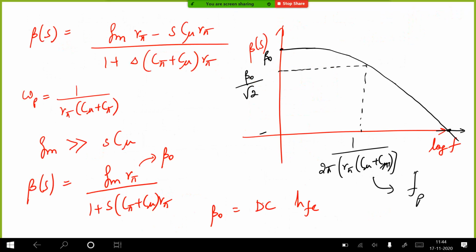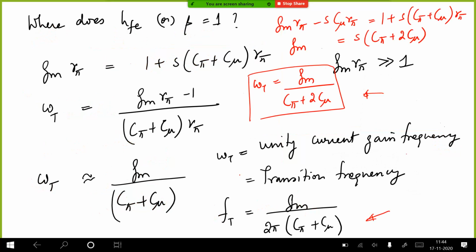Okay, so our beta, what was our 3 dB frequency? We said it was 1 by R pi into C mu by C pi, right? And your low frequency current gain beta naught was given by GM R pi.